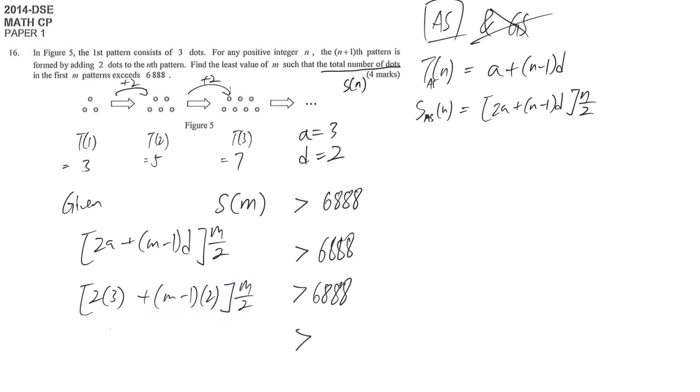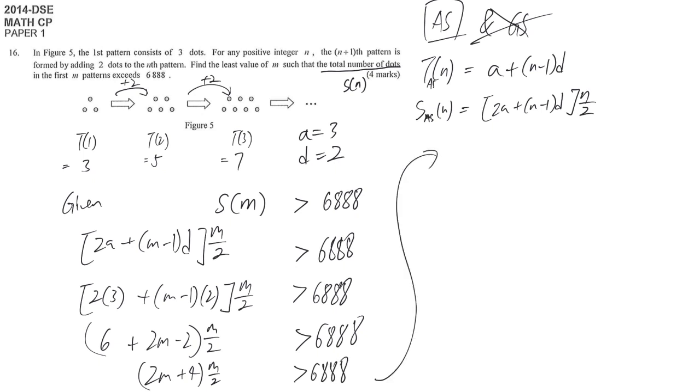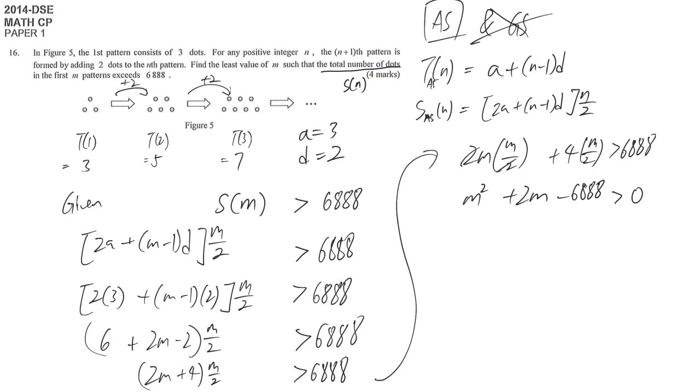But anyway, we just simplify first. We get m squared plus 2m, and then for a quadratic inequality we put everything to one side, and the other side is 0. Now we are talking about when this quadratic expression is larger than 0.